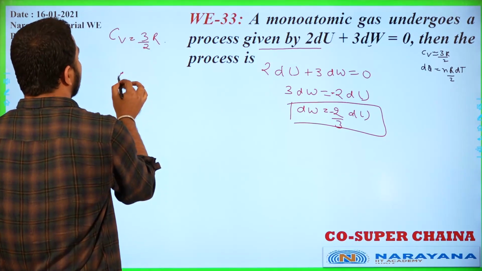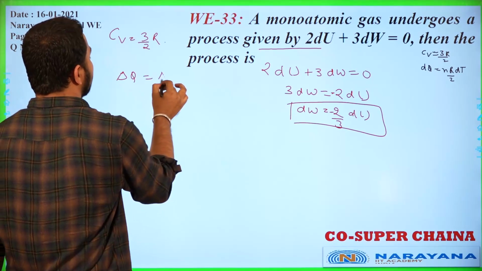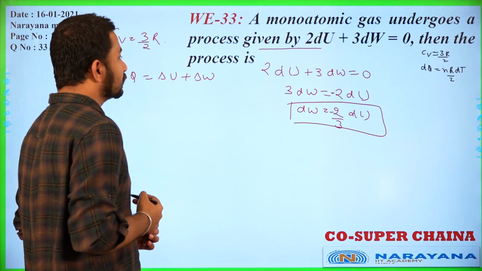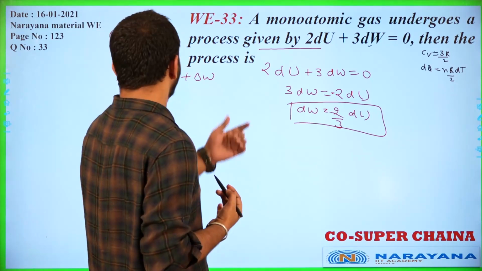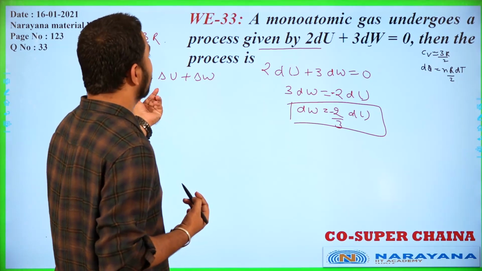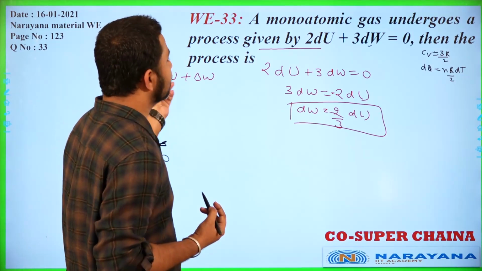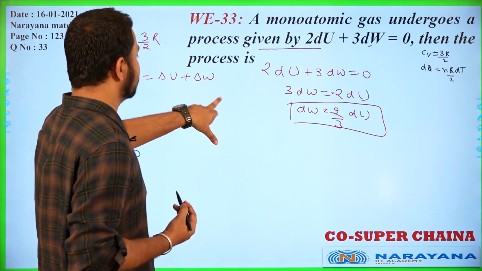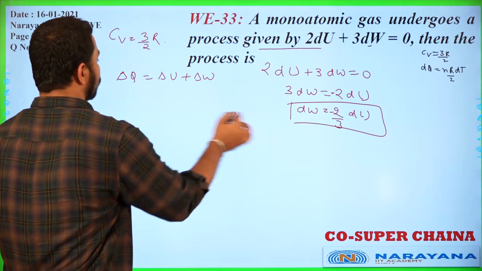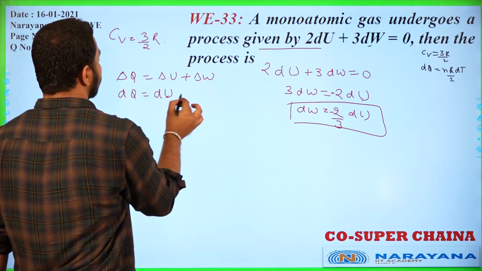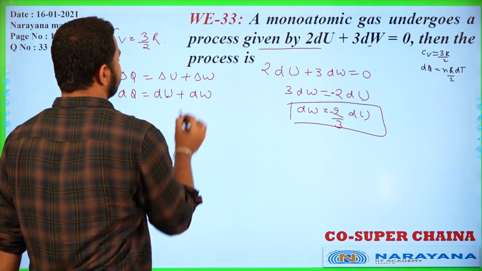We know delta Q is equal to delta U plus delta W. So we can substitute the dw value here: dq is du plus dw.